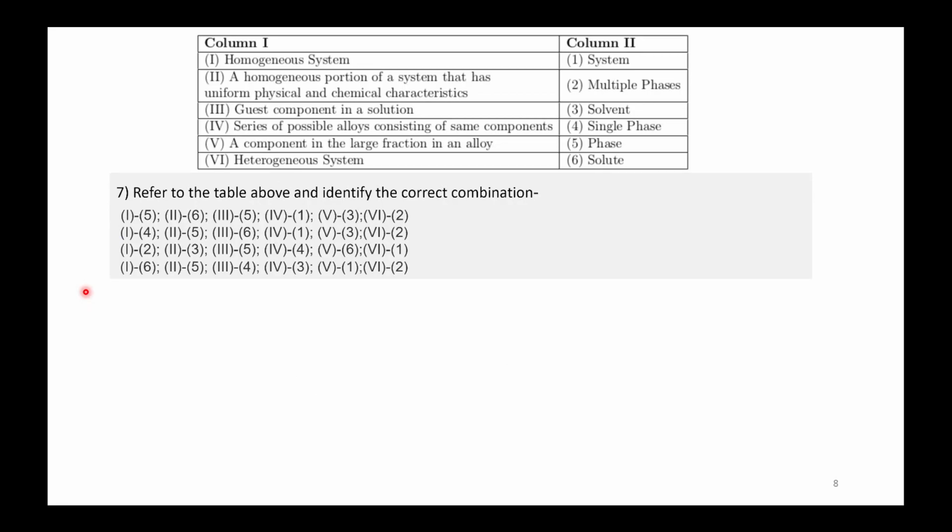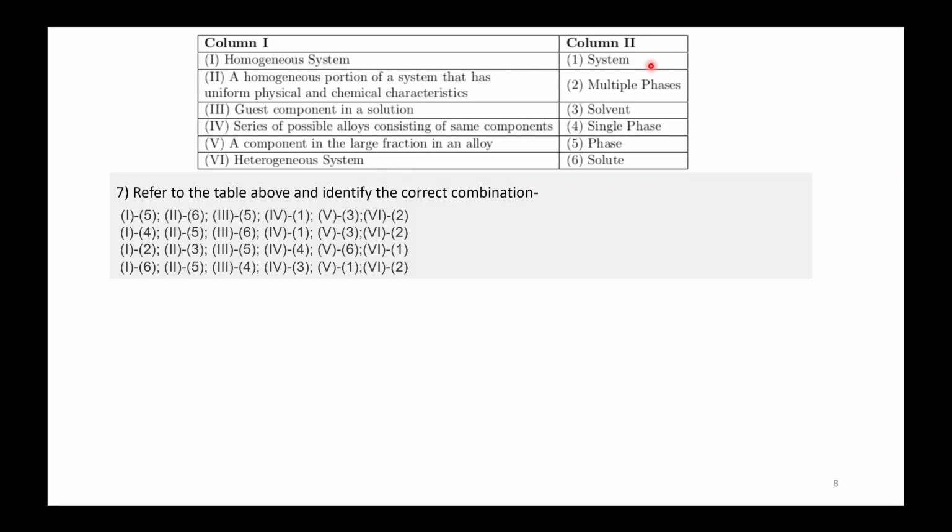Seventh question is, refer to the table above and identify the correct combinations. So these are the options. In column A, you have homogeneous system, a homogeneous portion of a system that has uniform physical and chemical characteristics, a component in solution, a series of possible alloys consisting of the same components, a component in the large fraction in an alloy, and heterogeneous system.